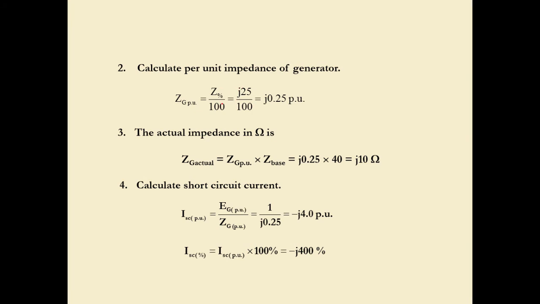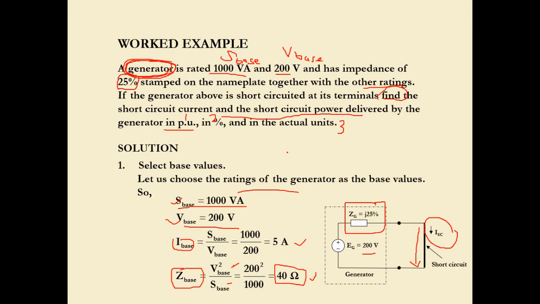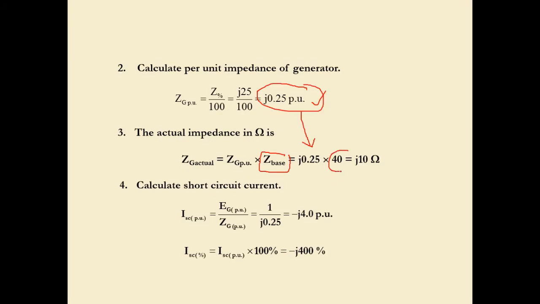Divided by 100, we have ZG equal to 0.25 pu. For the actual impedance in ohms, the pu is here, multiplied by Z base, which is 40 ohm. Now we get the actual ZG, which is j10 ohms.